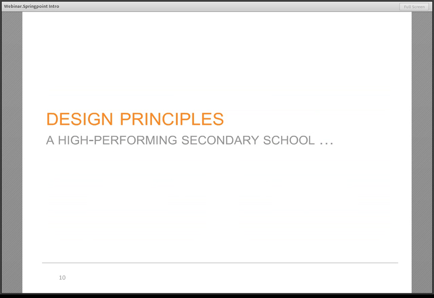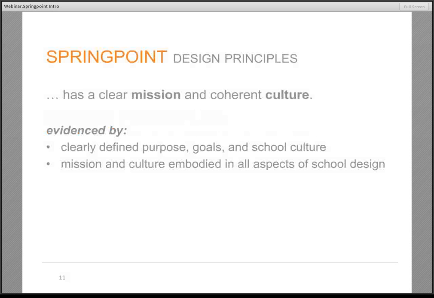Okay, there are 10 principles, as I told you before, and I haven't numbered them because I don't want you to think of them hierarchically, but I will tell you when we get to 5, and you should think that there are 10 as you're listening, because that just helps you listen when you know how long we're going for. So the first principle says that a high-performing secondary school has a clear mission and coherent culture.